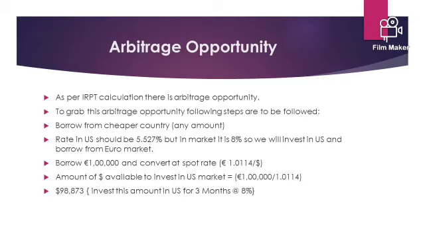To do that, you have to borrow money from the other country, which in this example is euro. So we have borrowed 1 lakh euro and converted it into dollar, and ultimately we have $98,873. Now we'll bring this dollar into the US and let's see what the arbitrage profit is.